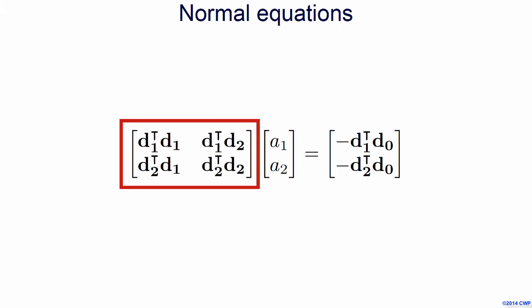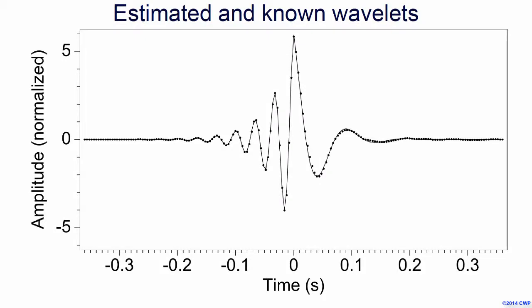And this is simply because D1 and D2 are not time-delayed versions of one another because we applied the time-varying S operator to time-delayed versions of G. This matrix, however, is symmetric positive definite, meaning that we can solve for the inverse wavelet A by using Cholesky decomposition. And once we have an estimate of our inverse wavelet A, we can estimate our wavelet H.